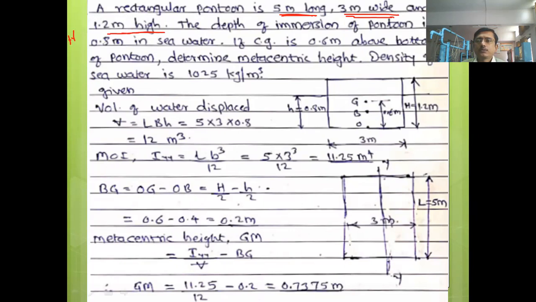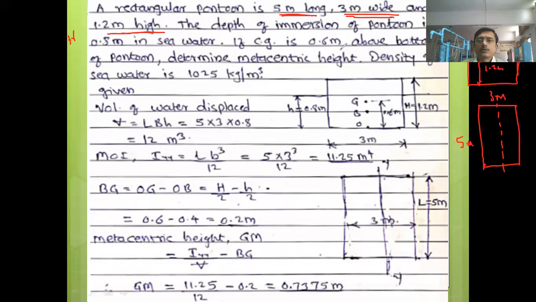In the plan, this object will look like this. The length is given here, 5 meter, width is given 3 meter, right? And in front view, this object will look like a rectangle of 3 meter width and 1.2 meter high, right? This is the height.